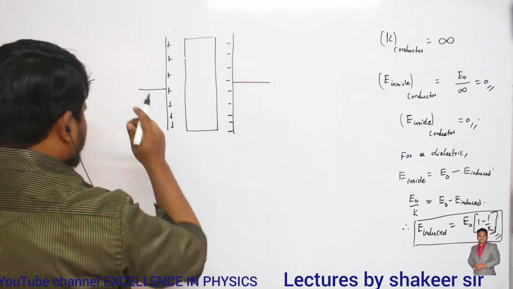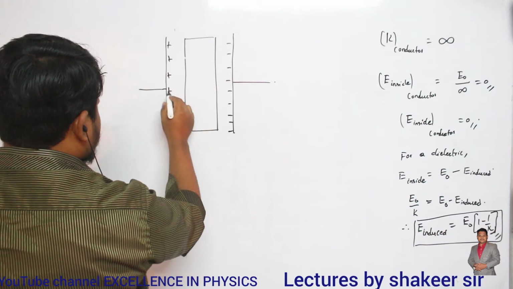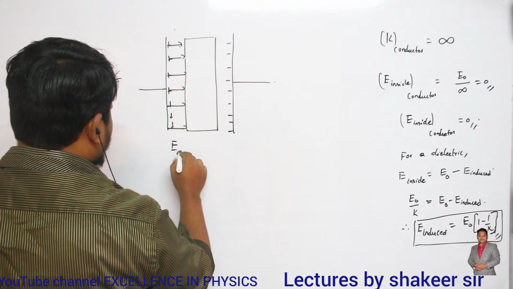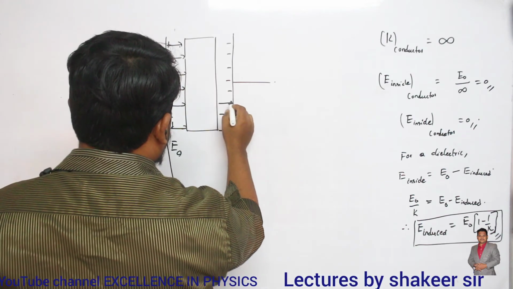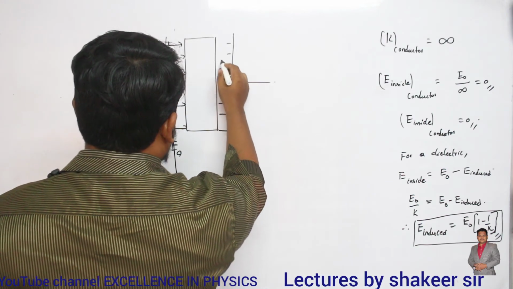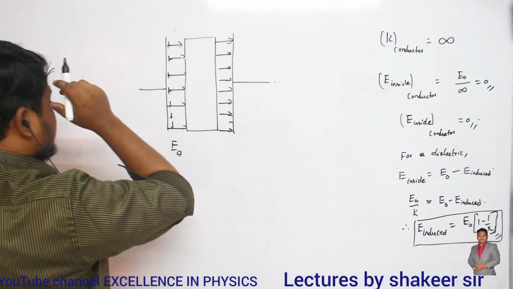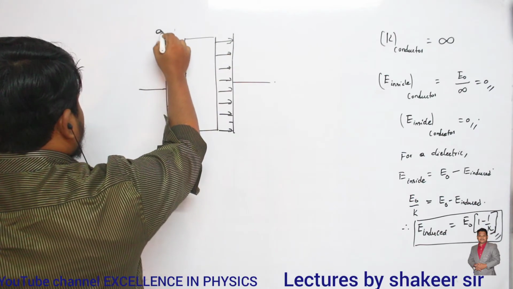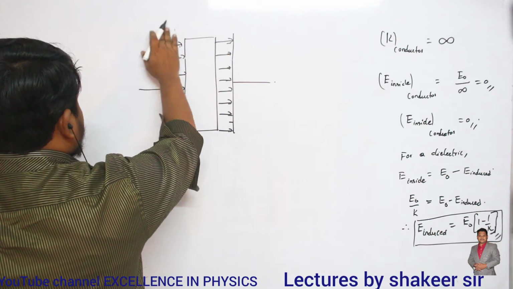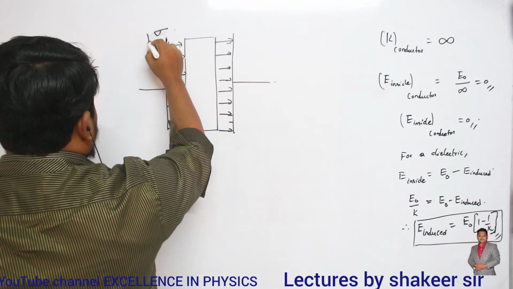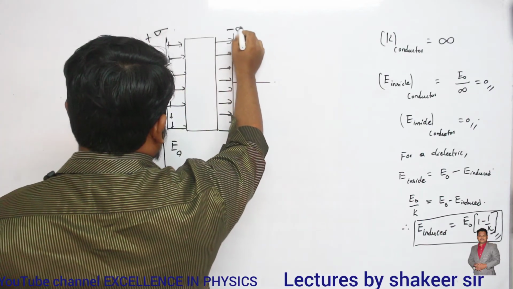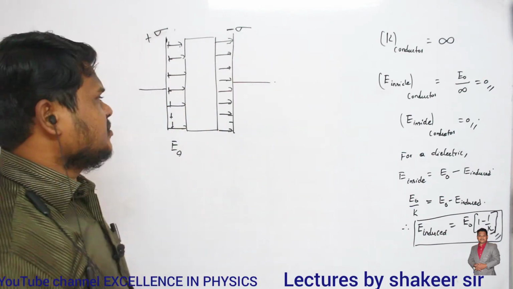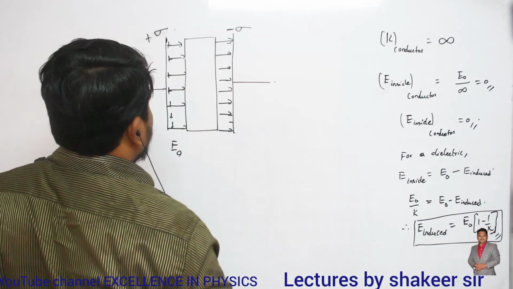And here I have the external electric field, that is, the electric field in between the plates of the capacitor. Are you able to understand? The surface charge density on the positive plate I can call sigma, and the surface charge density on the negative plate is minus sigma. So plus sigma and minus sigma.